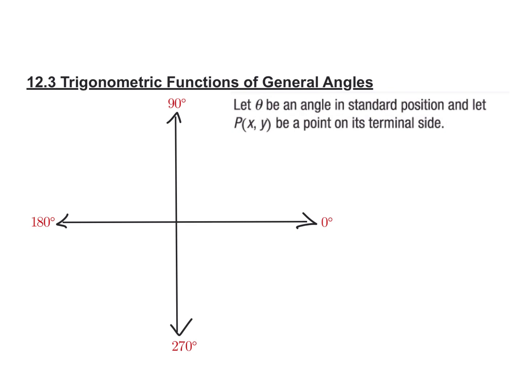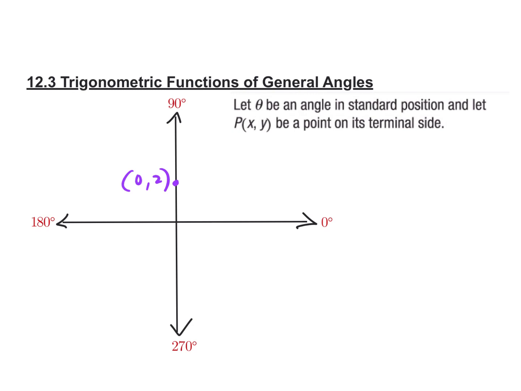How could I put an xy point on this graph where you couldn't even draw a triangle? Where could I put a point where there would never even be a triangle anyway? On the line, on the axis. So for example, if they say you have a point (0, 2), that has trig functions. We can find the trig functions for it. You don't have to write this down, just pay attention.